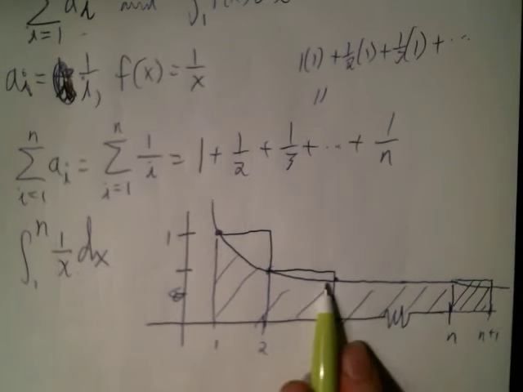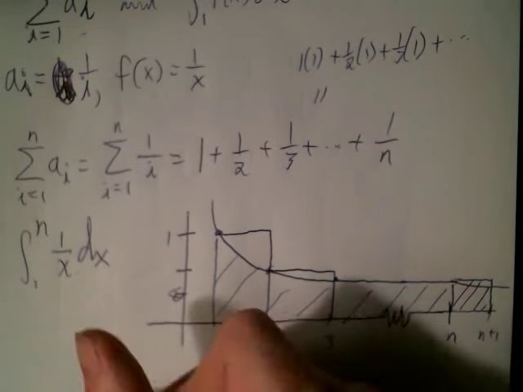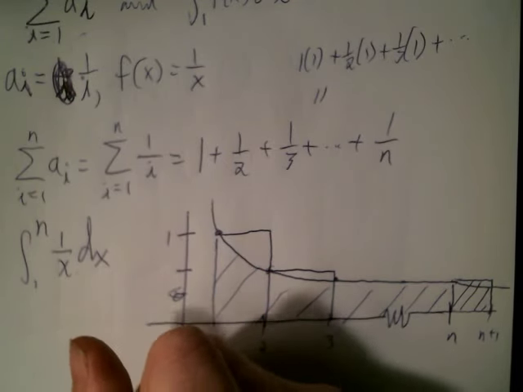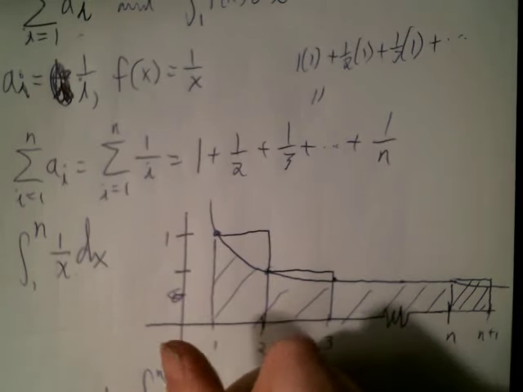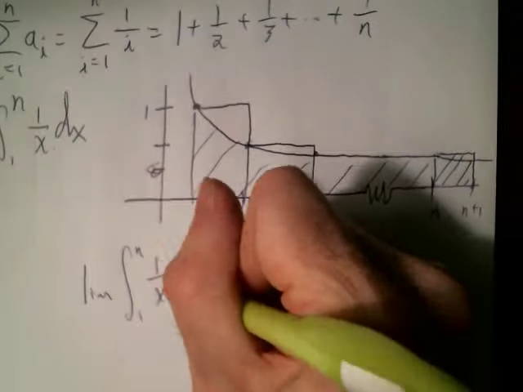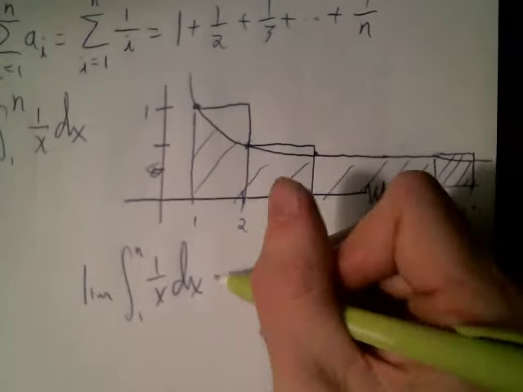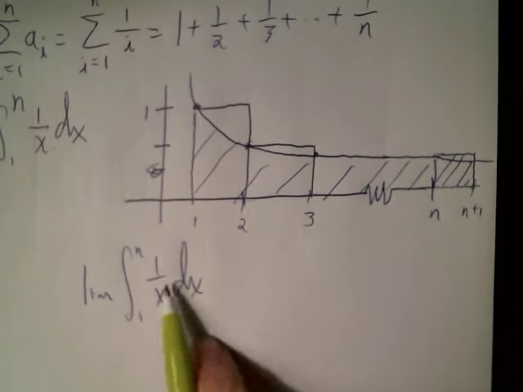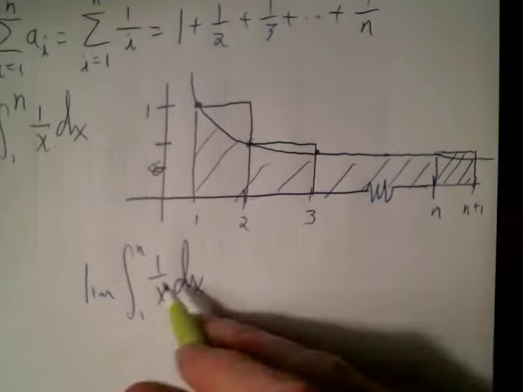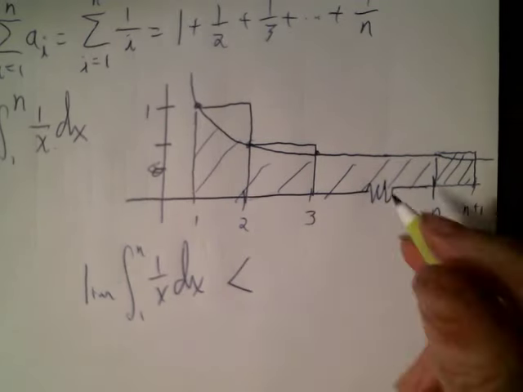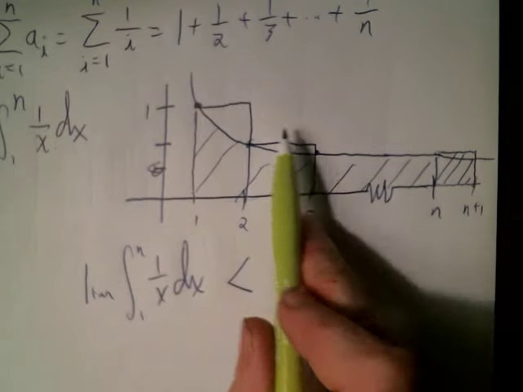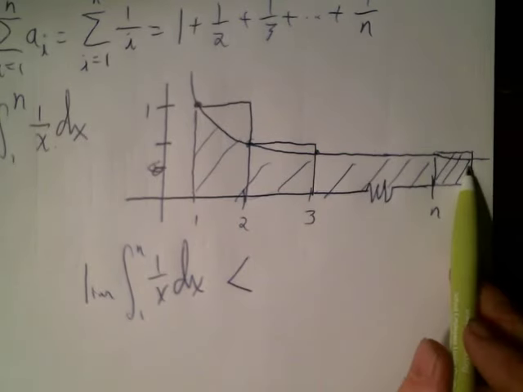So if the area underneath this curve is infinity, let me write this out. If you take the limit of this integral from 1 to n of 1 over x dx, and you find that that's infinity, we can tell just from this picture that whatever this thing is, it's less than whatever the sum of the area of these rectangles is.